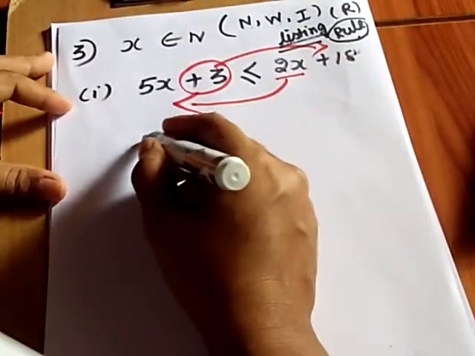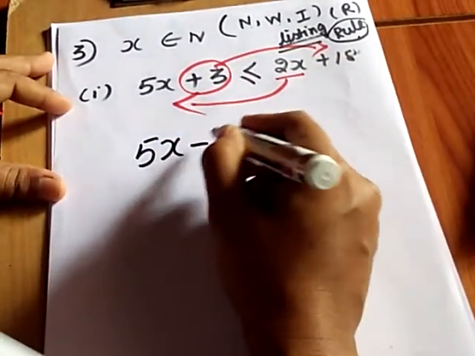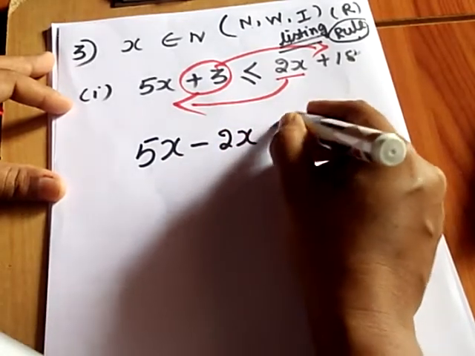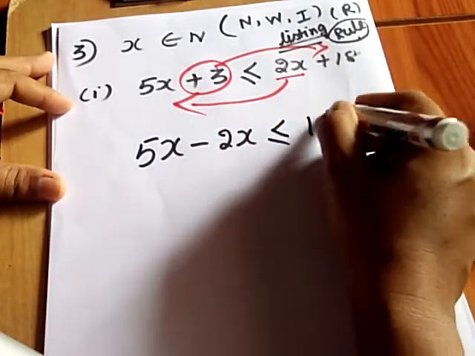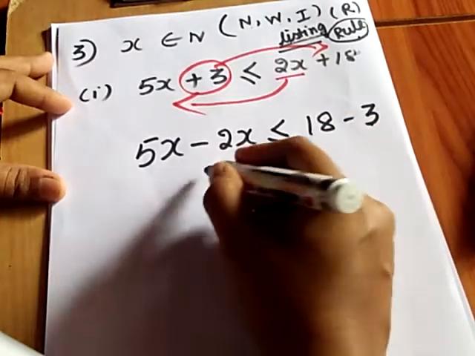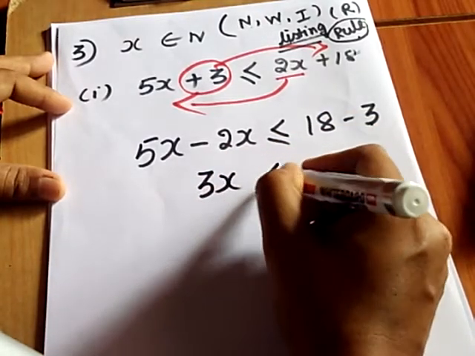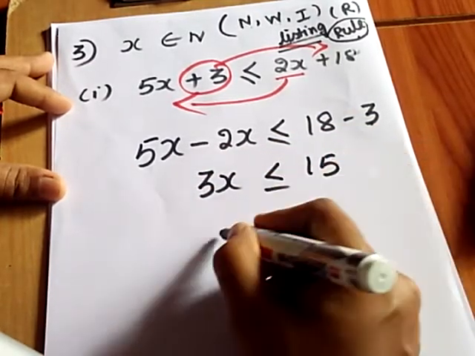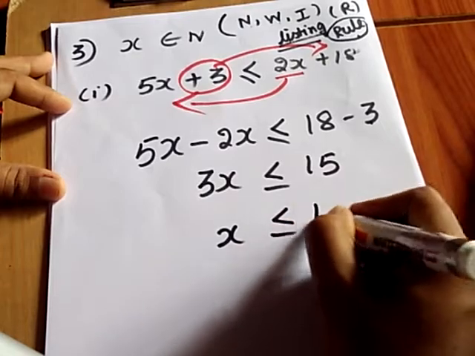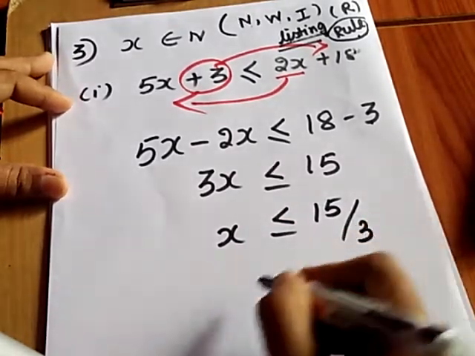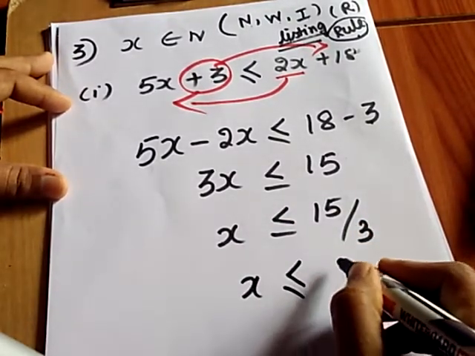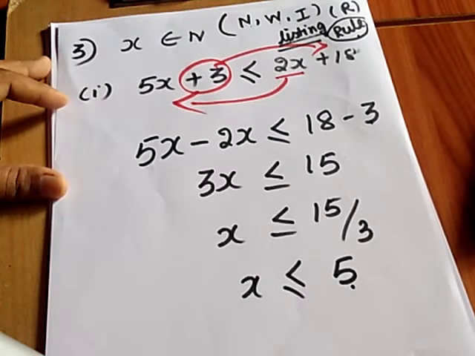So what is the solution now? 5x minus 2x less than or equal to 18 minus 3. So 3x is less than or equal to 15. x is less than or equal to 15 by 3. x is less than or equal to 5.